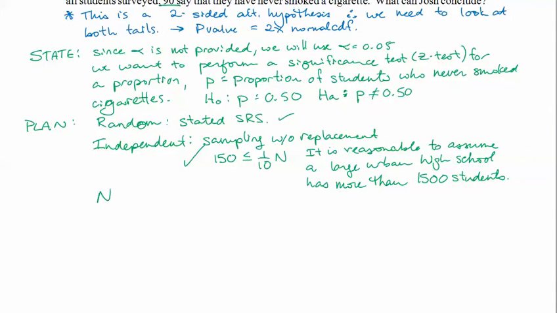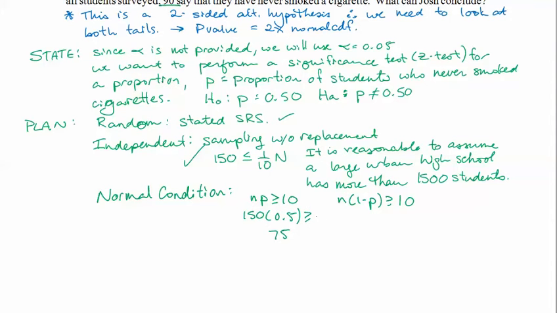And now the normal condition. Now remember, this is proportions, so we're not going to look at n being greater than 30. That's for means. We are looking at n times p is greater than or equal to 10, and n times 1 minus p is greater than or equal to 10. So 150 times 0.5 is 75, which indeed is greater than or equal to 10, and 150 times 1 minus 0.5 is again 75, which is greater than or equal to 10.